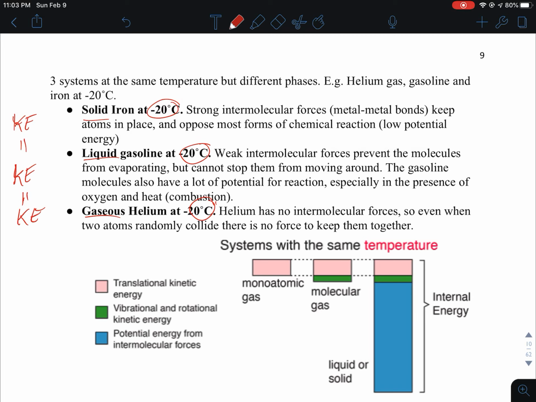And instead, what we have is something called intermolecular forces. And we think about those as going up. This is the highest intermolecular force, and this is no intermolecular force.